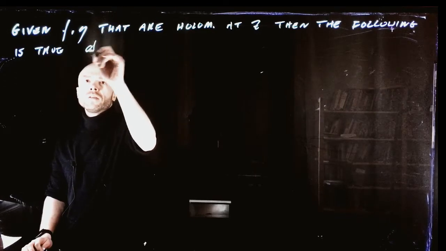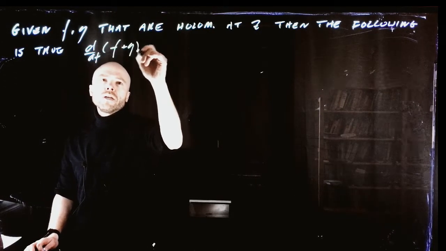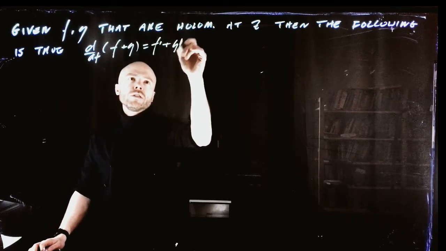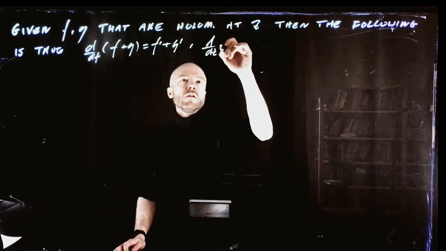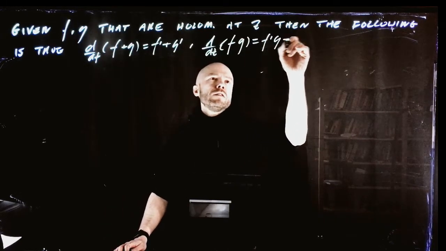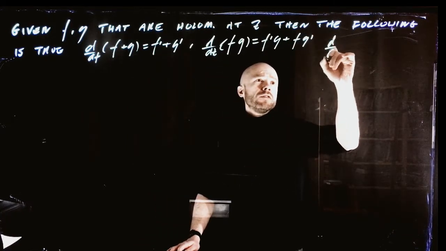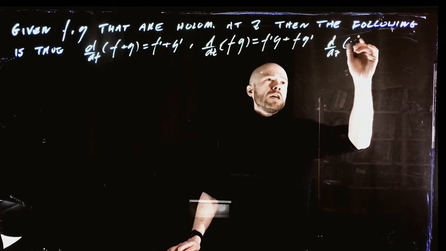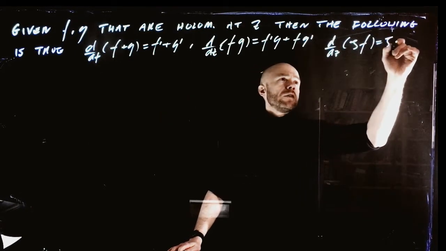So if we take the derivative of f plus g, then it is this. If we take the derivative of f times g, then it is this. If we take the derivative of some complex number, let's call it zeta times f, then we can just pull it out.